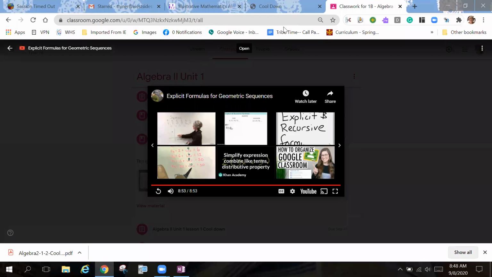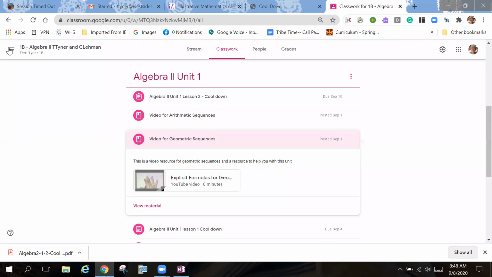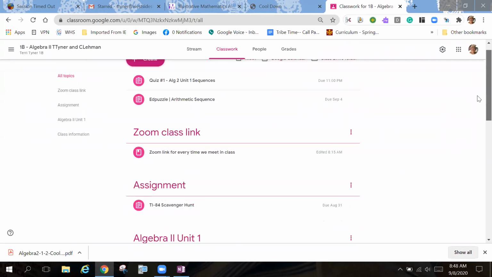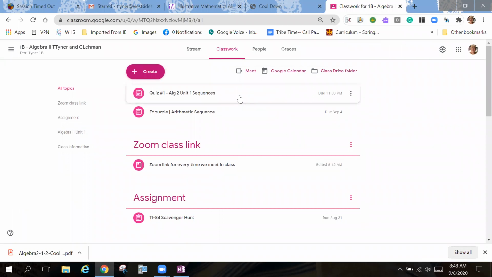All right, let's see here. Okay. Yeah. There's a quiz and this Ed Puzzle is an assignment that needs to be completed. All right. And have y'all logged into Khan Academy?